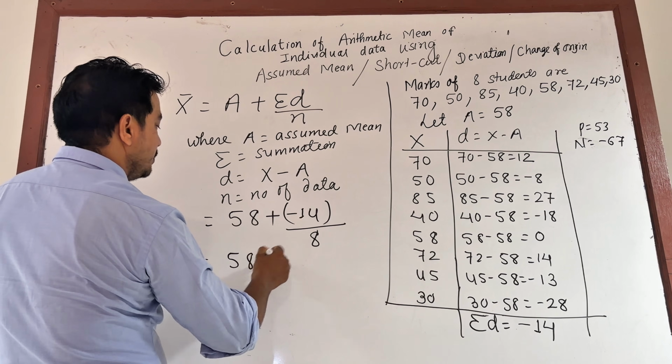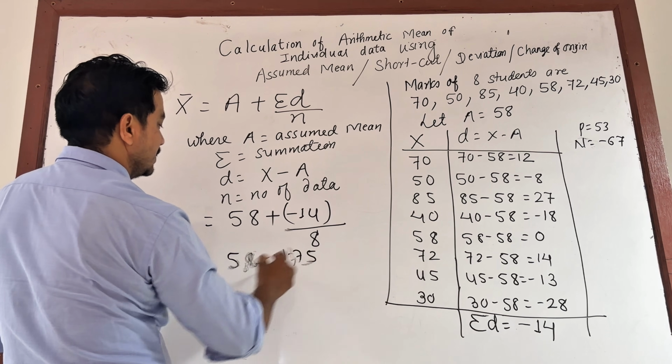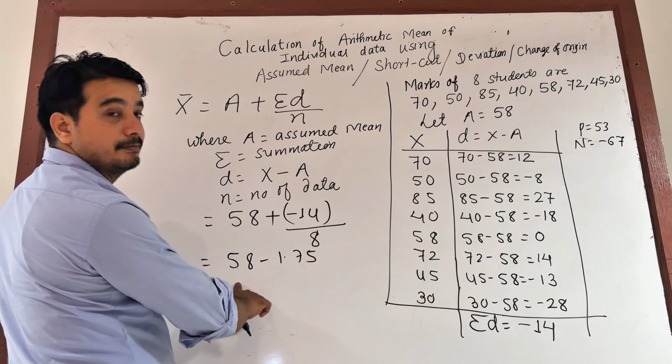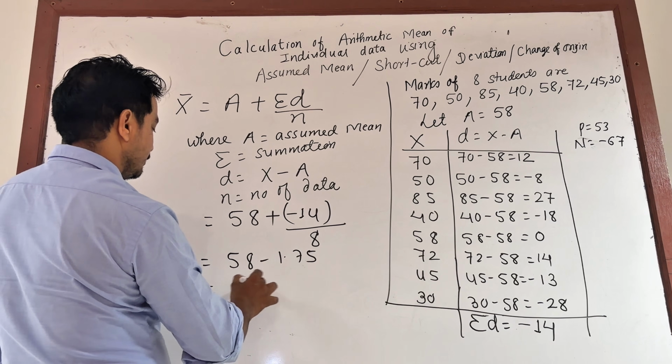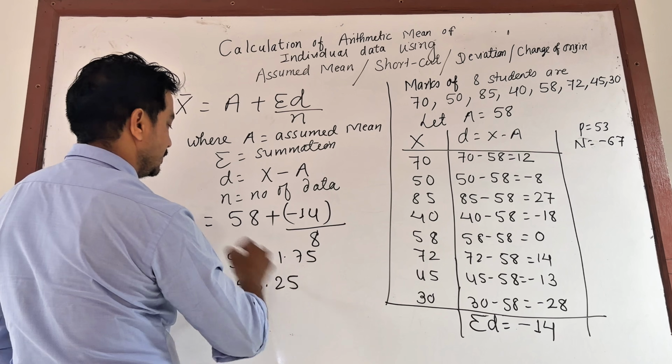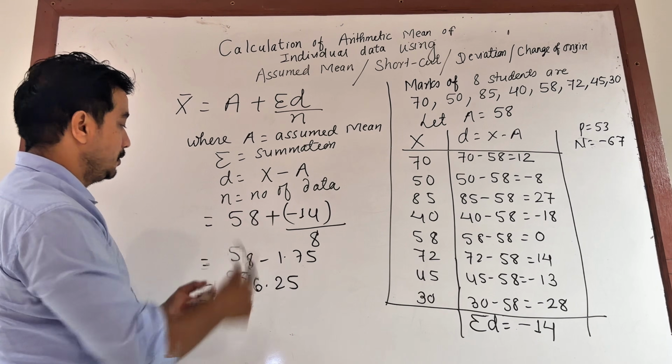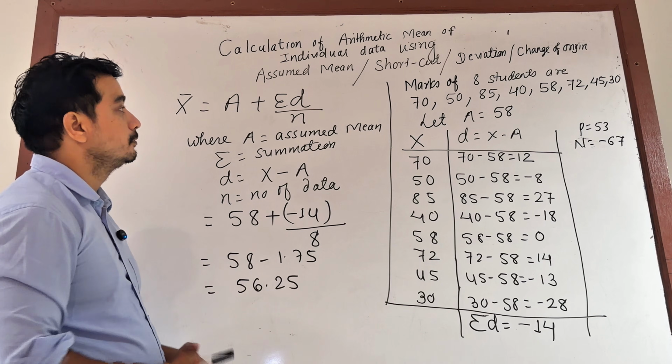Plus minus is minus, so 58 minus 1.75 gives 56.25.